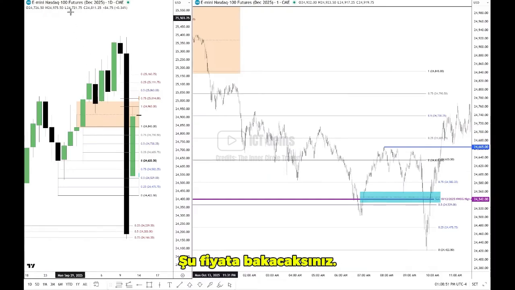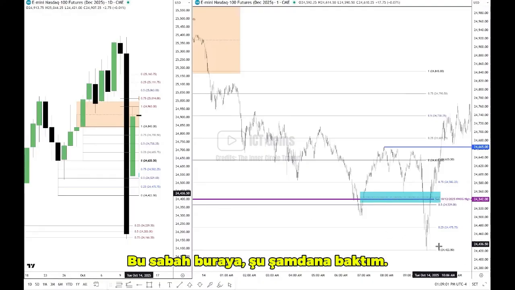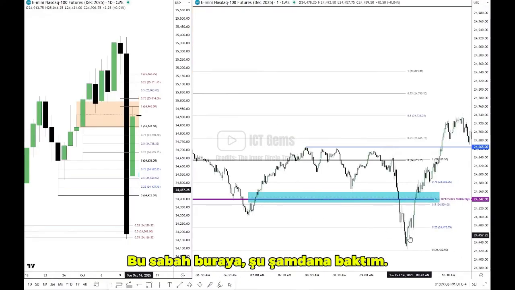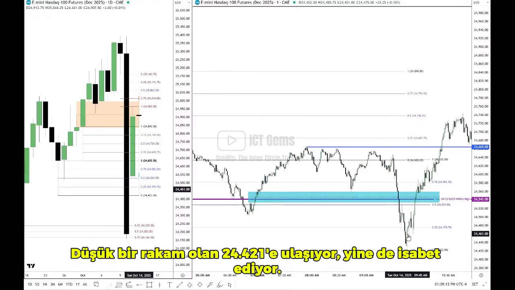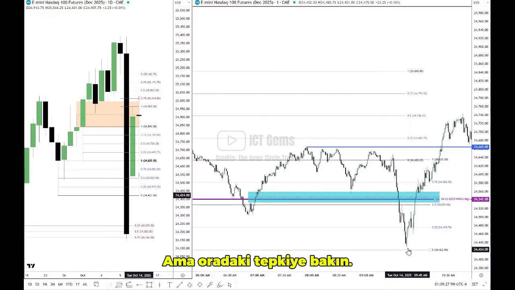You're going to look at this price right here on my current cursor. What's that candlestick low? 24,422.50. Okay. Over here this morning, this candlestick right here, its low, 24,421 even. So it hits it, trades minimum one tick below it for spread aspect. But look at the reaction off of that.